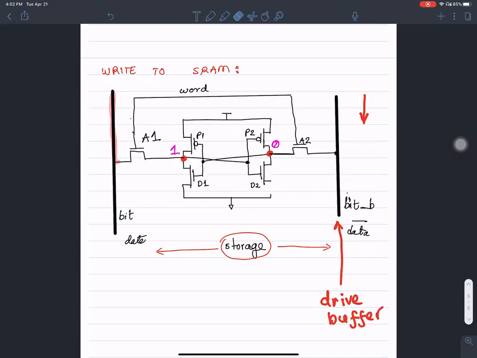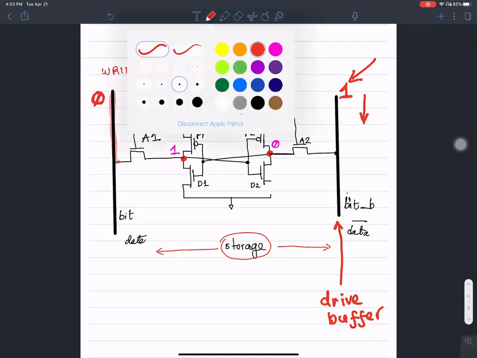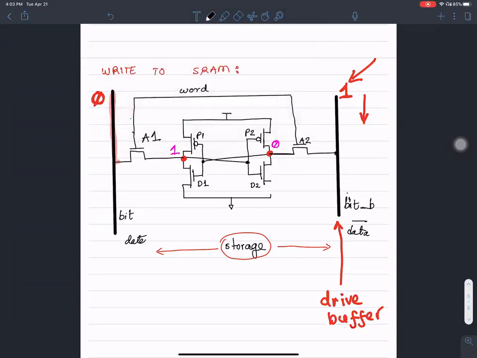We are trying to put a 0 on here, so we make the drive buffer drive the opposite of what I'm trying to put here. If I'm trying to put a 0 here, then I will write a 1 onto this drive buffer, and I'll put a 0 on the right. Then make the value of word equal to 1.